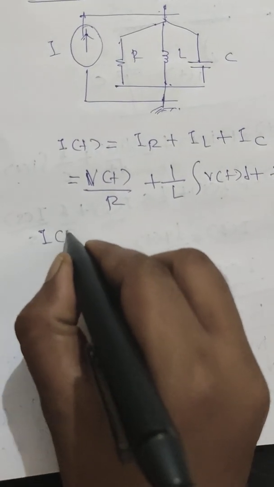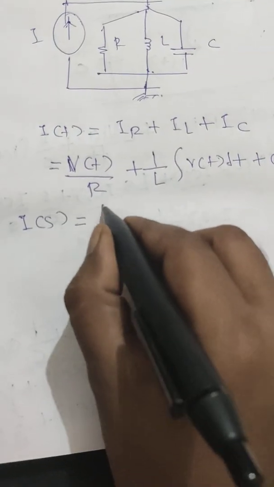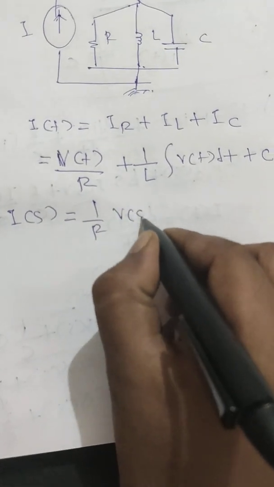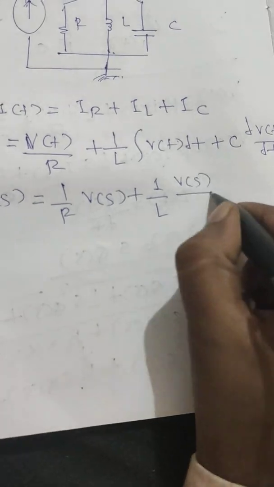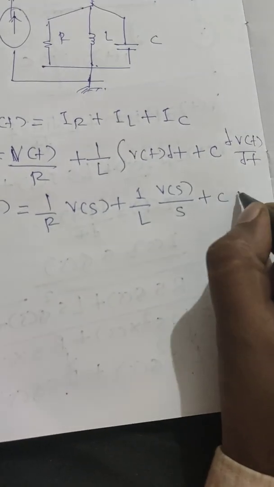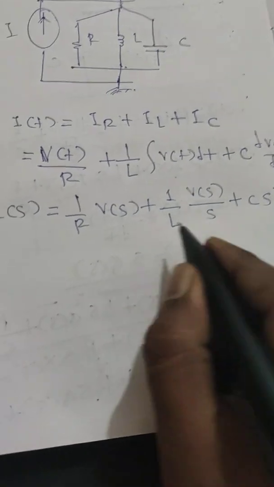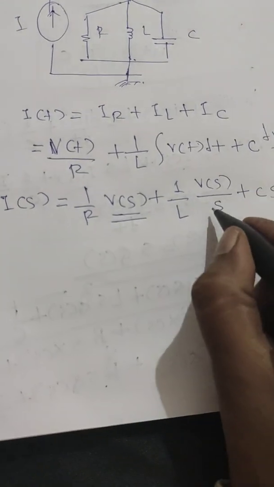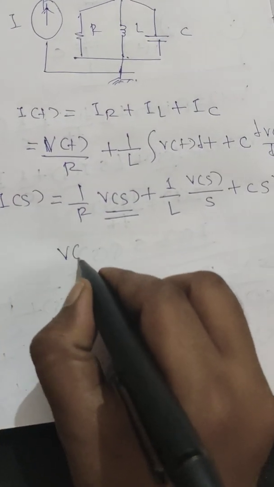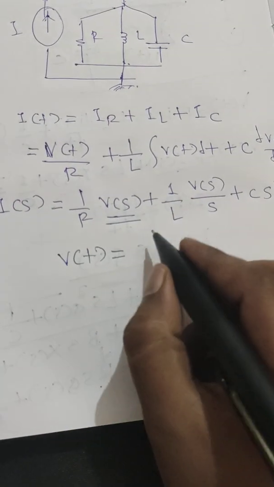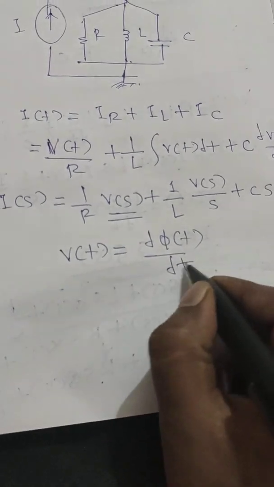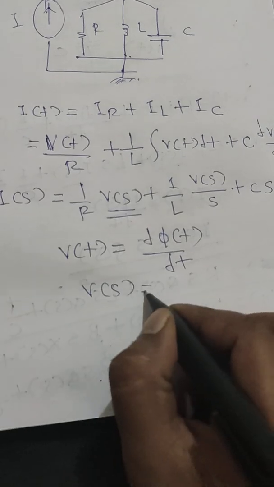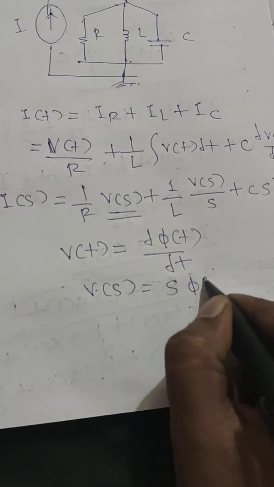Applying Laplace to this, we get I of s equal to 1 by R into V of s plus 1 upon L V of s divided by s plus C into s into V of s. Here V of s is common for all. Voltage is the rate of change of flux with respect to time, so V of s is s into phi of s.